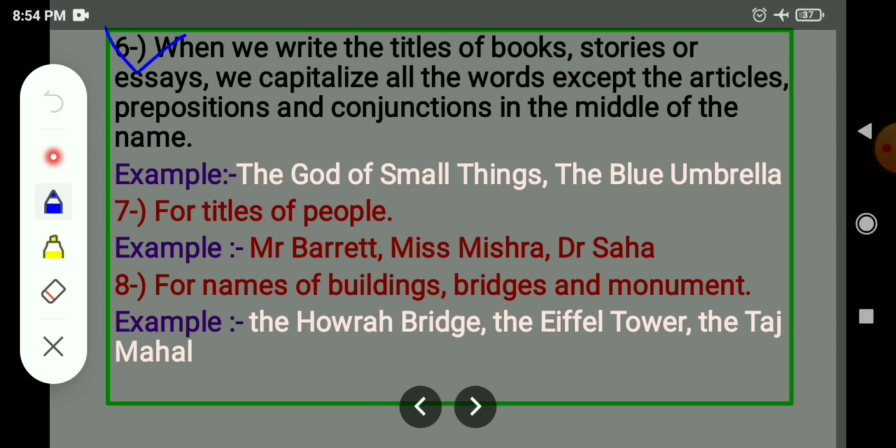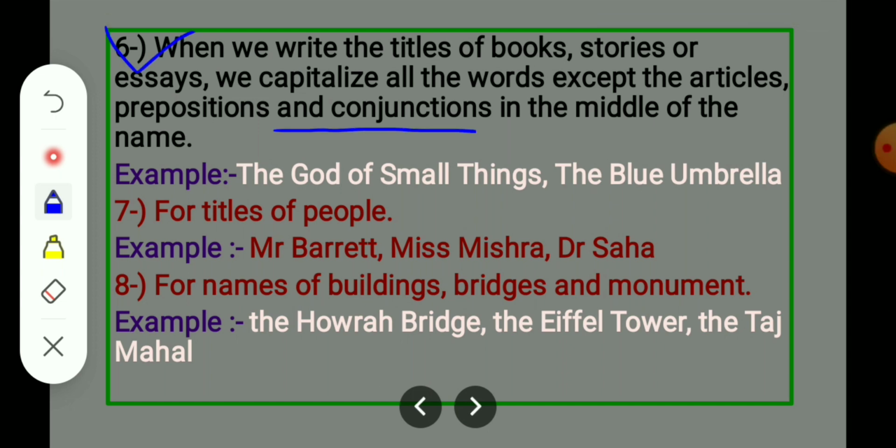Next use is when we write the titles of books, stories or essays, we capitalize all the words except the articles, prepositions and conjunctions in the middle of the name. So whenever we write the title of books, stories or essays, we always capitalize all the words except the articles.